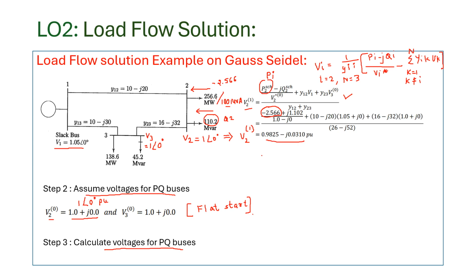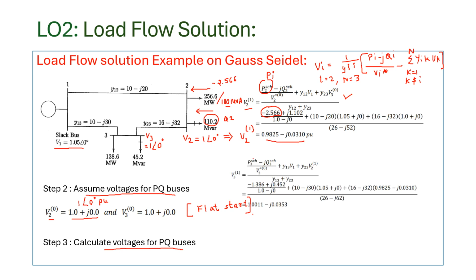Okay, and now on the same background we can calculate voltage at the third bus. Again, here we have to put in this equation i is equal to 3 and the number of buses in the system as usual is 3, and this P3 value is taken as 1.386. Now it is divided by base and it is in the reverse direction.